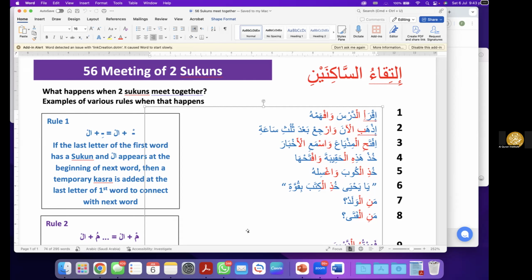Wasma, same thing, same rule applies here. Wasma means isma, amr. It is made wasma with sukun on ain, and then al we have got, so it will be wasma'il akhbar.